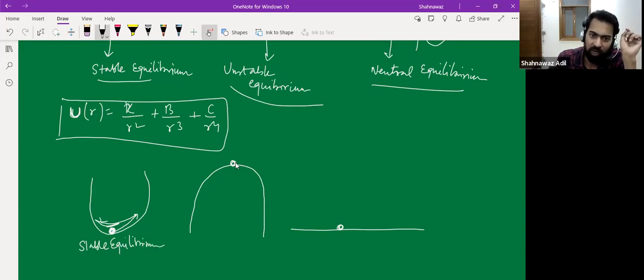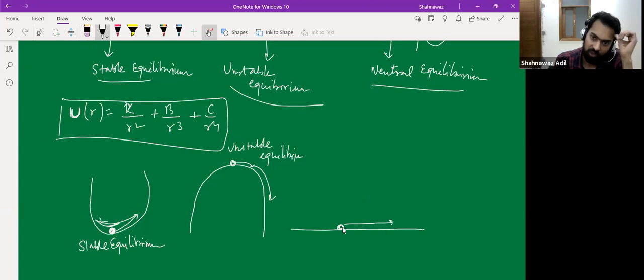And if you move this bead in here, it will fall down, so that is why this will be called the unstable equilibrium. And this is the neutral one. If you put this here, it will not come back, but it will stay in the neutral equilibrium.